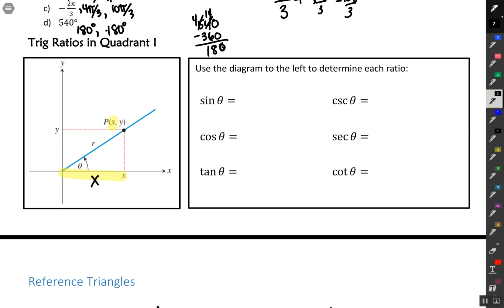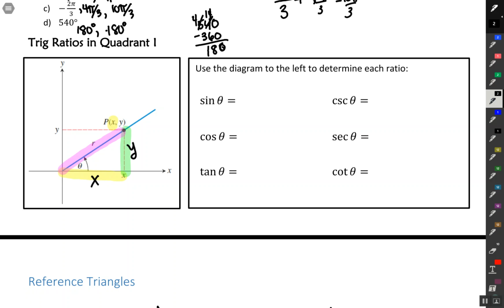And then you've got this leg, which would be y. And then we also have a hypotenuse. The hypotenuse here is the radius, I want you to think of it as a radius, like a circle, because it's spinning around. So it's r.